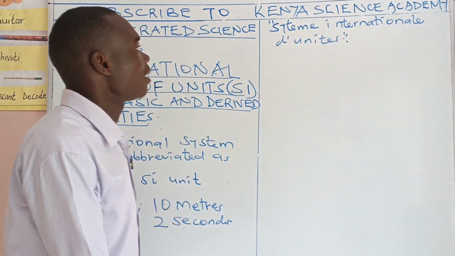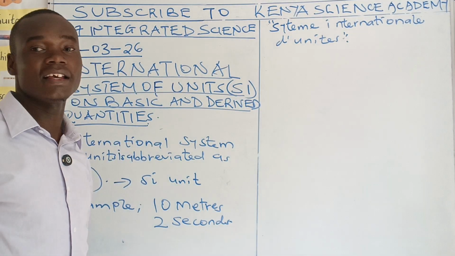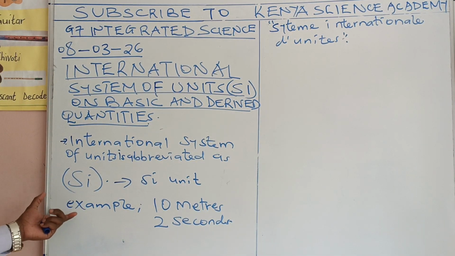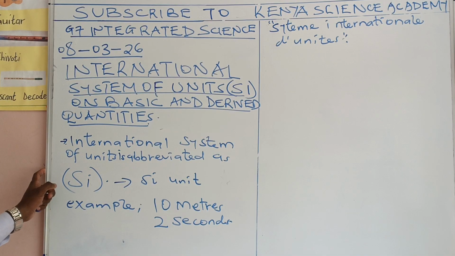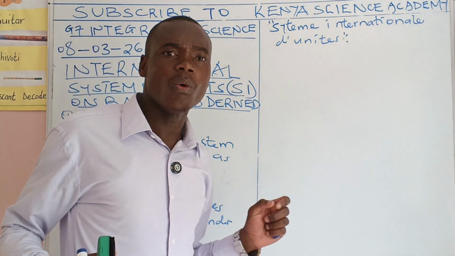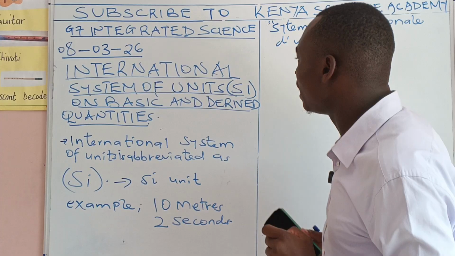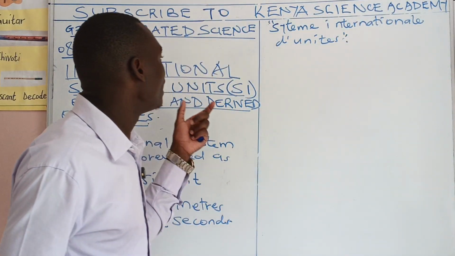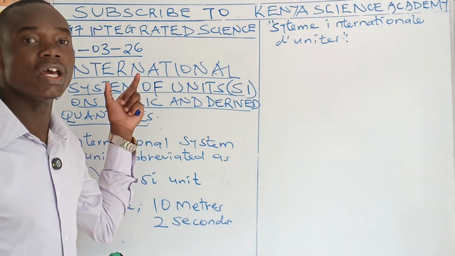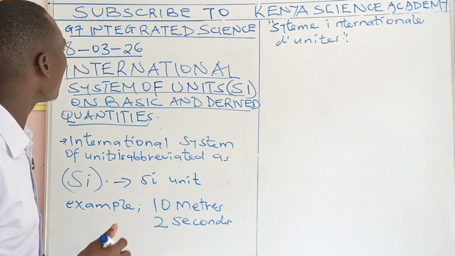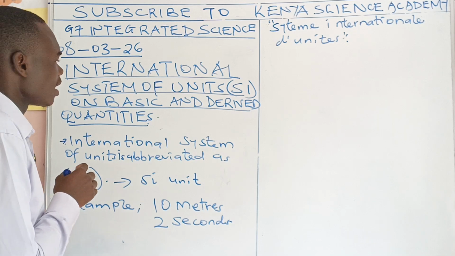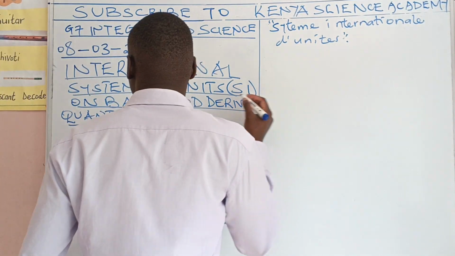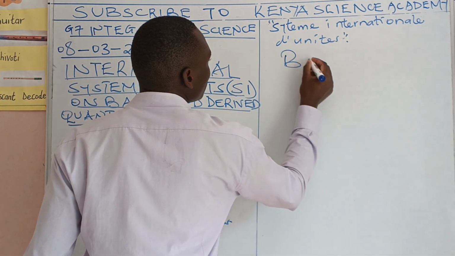In French, Système International d'Unités. So this group of French scientists came up with a system where they could give items, they could give measurements, certain units. And these units are referred to as International System of Units. So we have quantities given units. So let's say we have basic quantity.